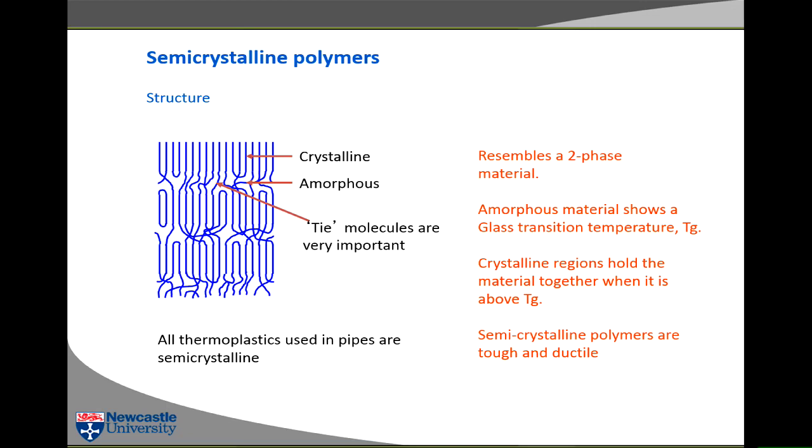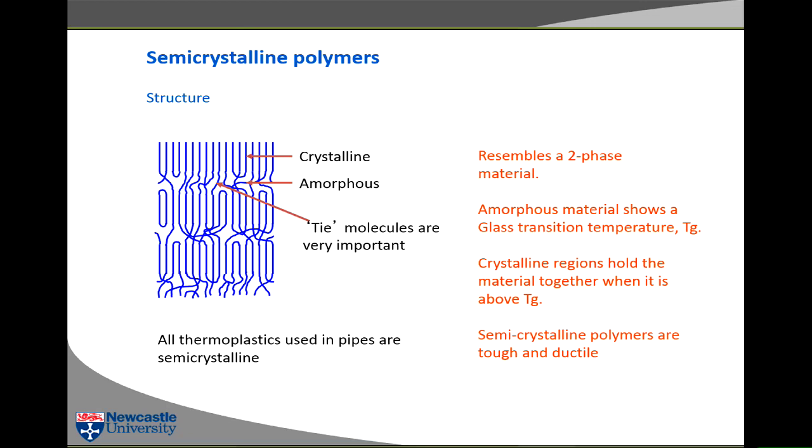But there's a problem, and the problem is the chains are very long. The chains have a molecular length of, say, 100,000 units or something like that. So when you see the formula for polyethylene, which is CH2 to the n, n might be 200,000 or more. So these chains are very, very long.